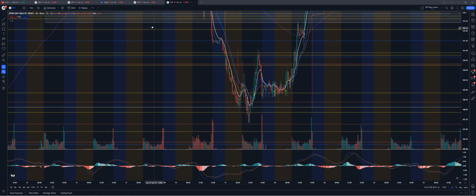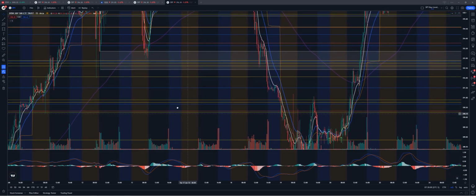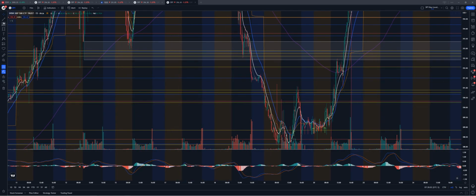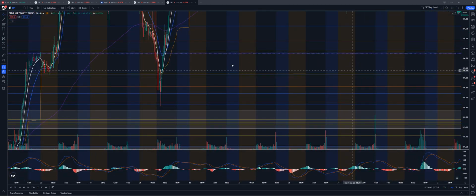And then we can go even lower and grab this low of day. This will take us all the way down to the 380s. Let me see if I want to grab anything else here. I have a low of day zone right here. Let me see what this looks like.